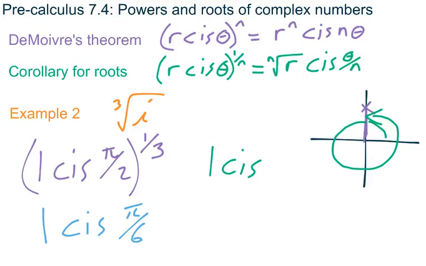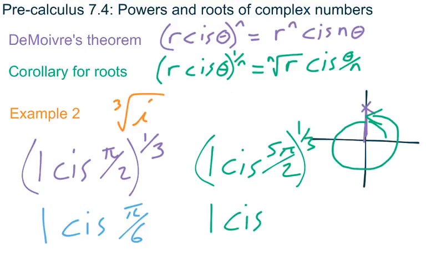So instead of it simply being pi over 2, we added 2 pi, and it is 5 pi over 2. Of course, that's adding 4 pi over 2. That raised to the 1/3 power. We could do DeMoivre's theorem here as well. 1 raised to the 1/3, or the cube root of 1, comes out to 1 cis. And now if we multiply this by 1/3, we get 5 pi over 6.